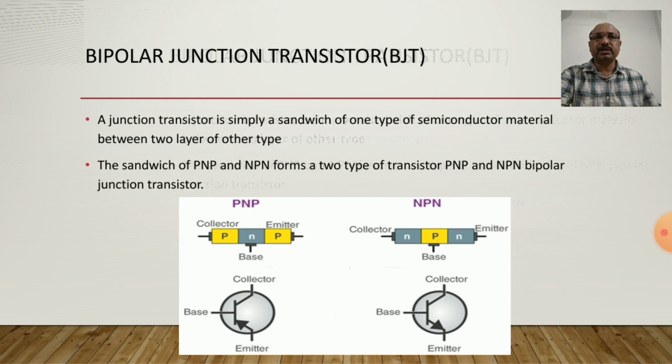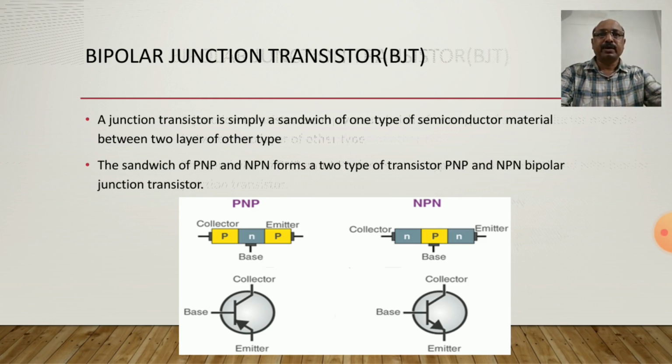A junction transistor is simply a sandwich of one type of semiconductor material between two layers of the other type. The sandwich of PNP and NPN forms two types of transistor, PNP and NPN bipolar junction transistors.